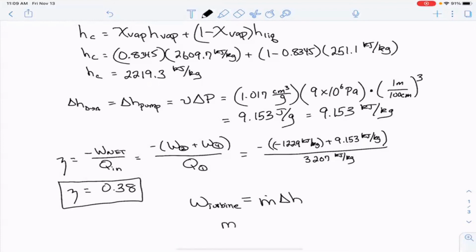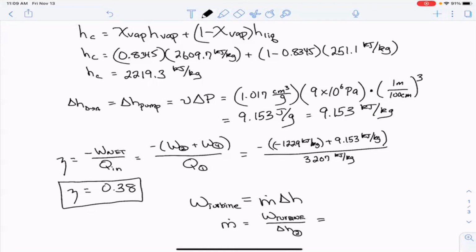And so we can solve for the mass flow rate by the turbine work, because that's where the power is being generated, divided by the change in the enthalpy through the turbine, which is in stage 2.